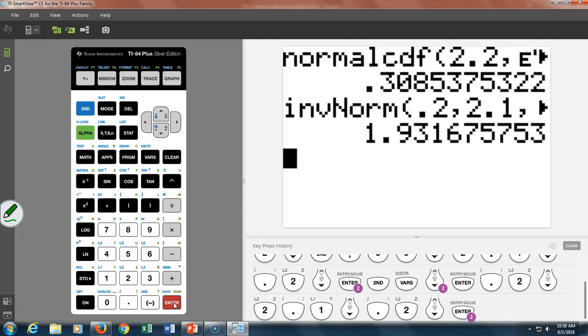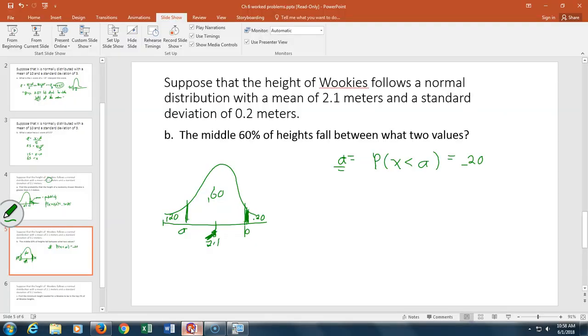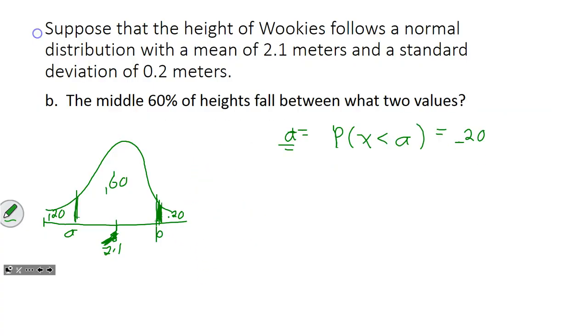And we have 1.93. Notice that's not a probability. That's a value on the x-axis. So when we come back here to our screen, this value A is, to 2 decimal places, 1.93.